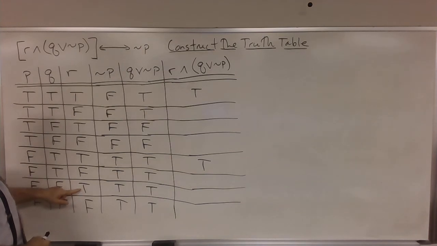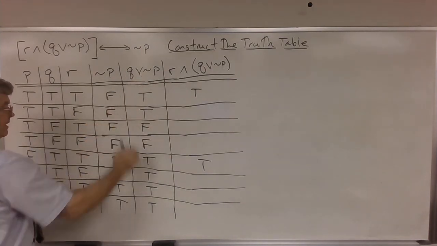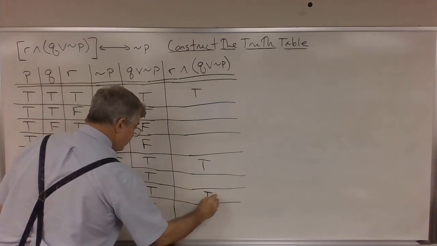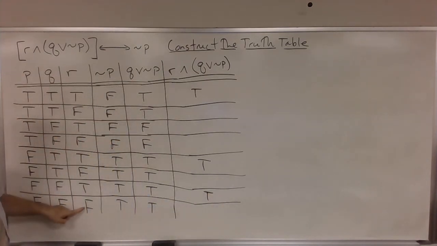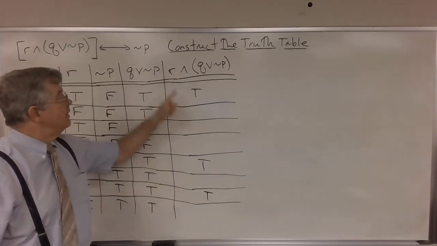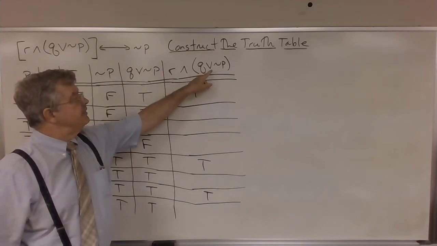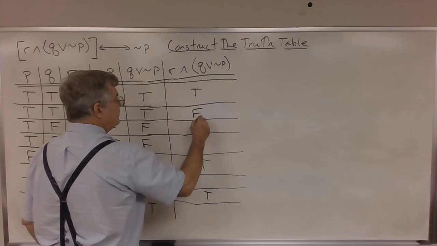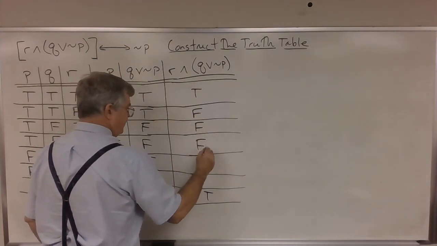R is true here, and this statement is true here. So we got another true. And then here R is false. So these are the three cases when R and this statement in the parentheses are true. All the other times it's false.